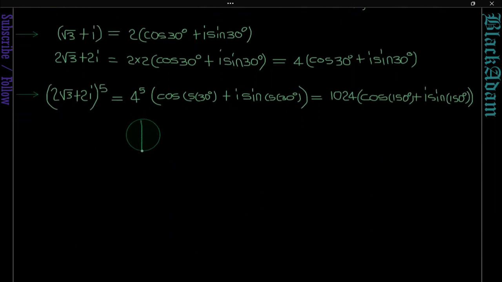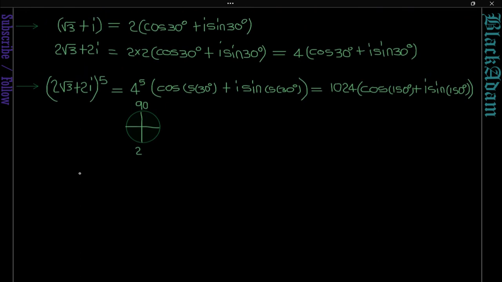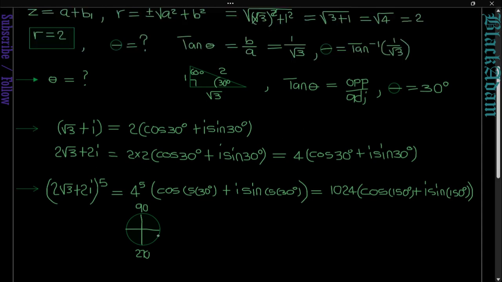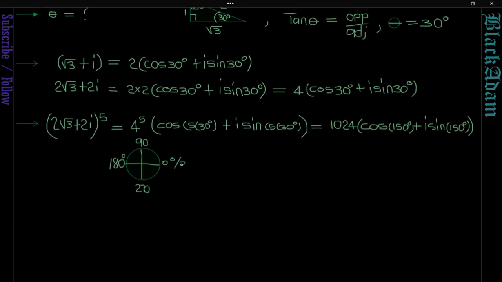Then we have to find the equivalent of 150 degrees without the use of a calculator. Using the quadrants, 90, 180, 270 and 360, the first quadrant has all positive, then sine, tan and cos.